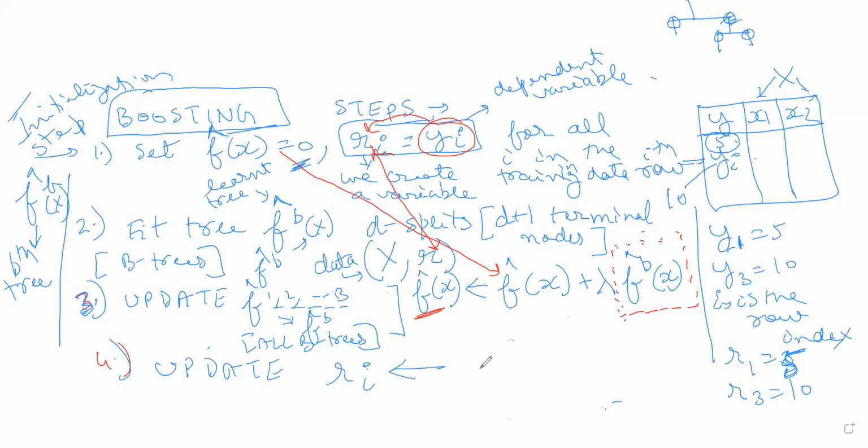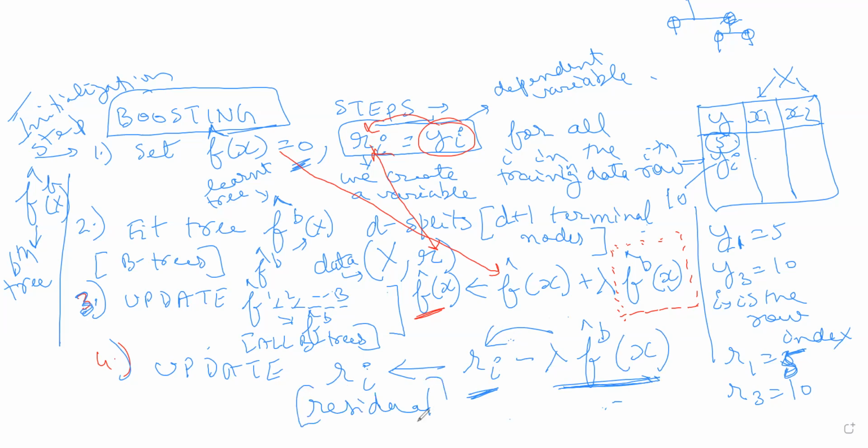Ri is updated as the original Ri minus lambda times f of bx cap. So from Ri, I am subtracting that part which is already explained by the decision tree. This is being subtracted from this, and this is a residual which comes here.